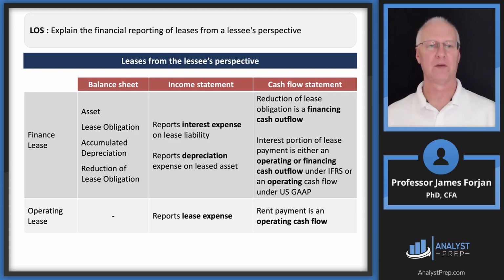So let's take a look from the lessee's perspective. We've got this finance lease. It shows up as a right of use asset. We sign a lease obligation. We can depreciate the asset, and then we reduce the lease obligation. That's kind of like amortization there.